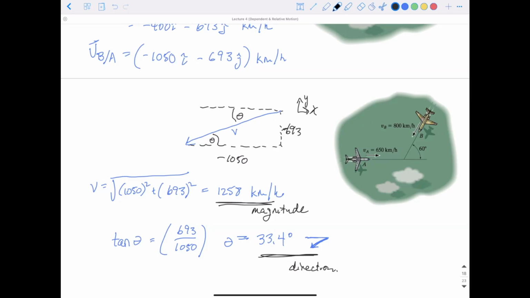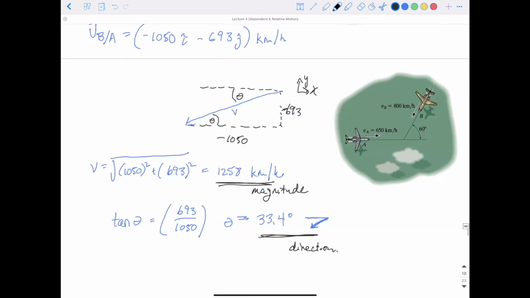Or for the direction, I would say round your angle in degrees to the first decimal. So that would tell you how much to round your answer and in what units to give it in, just to eliminate any of the issues. I don't want to test your ability to type in a number to a computer.